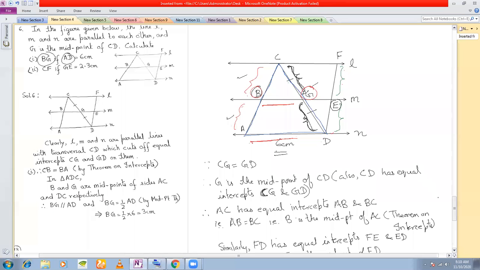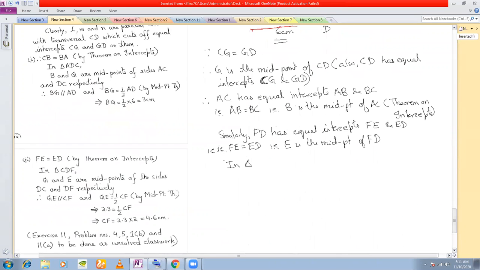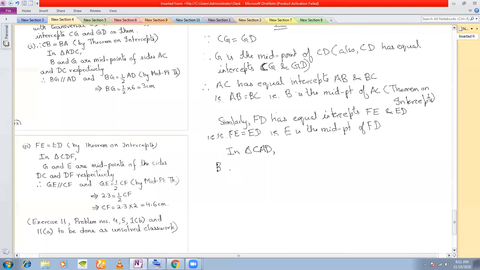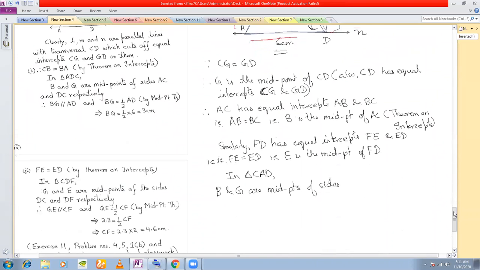So therefore, we will write now: in triangle CAD, B and G are midpoints of sides. What are the sides here? AC and CD respectively.